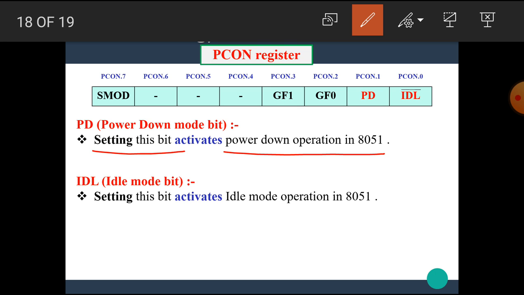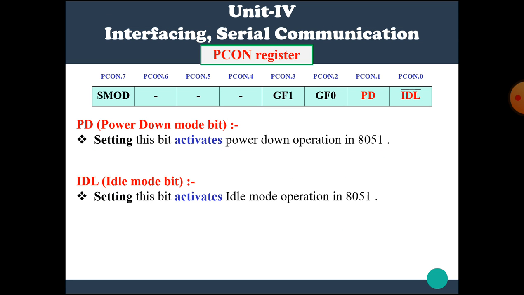That means if we want to send the 8051 microcontroller into power down mode, then we can set this bit. Similarly, if we want to send the 8051 microcontroller into idle mode, then we can set this bit to 1. Okay, I hope you all understand all the bits of the SCON register and the SBUF and the PCON register.